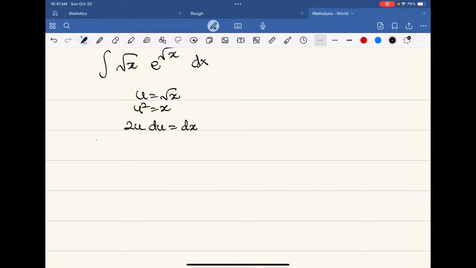Now let's solve it. Integral of this is u e to the power u and dx is 2u du. I think now it's quite simple actually. Now we can just use integration by parts or the DI method. The DI method is just the equivalent of integration by parts.